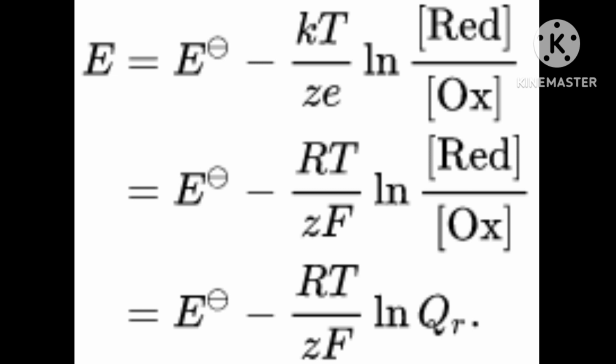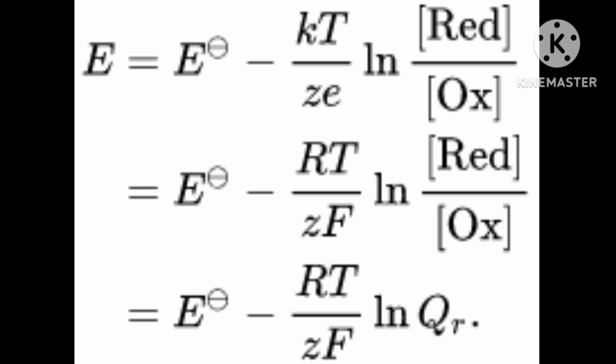Or suppose any other cell is there, then by seeing the values of the electrodes, you can write the cell expression. First you have to write the cell expression by seeing their values.